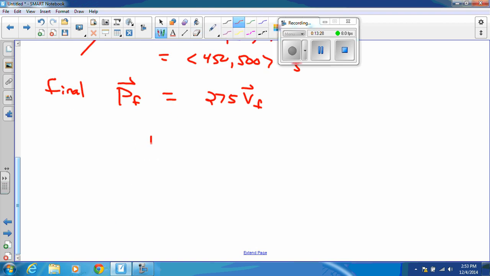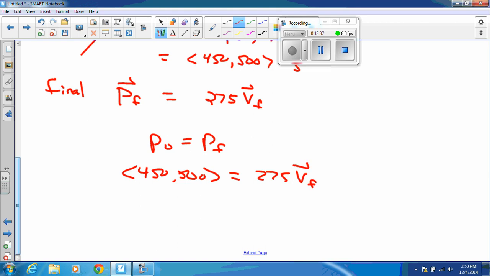So that we have as our big bad equation P0 equals P final, or 450 comma 500 equals 275 V final. Divide both sides by 275, and when you do, you're dividing each component by 275. Let's work this out.